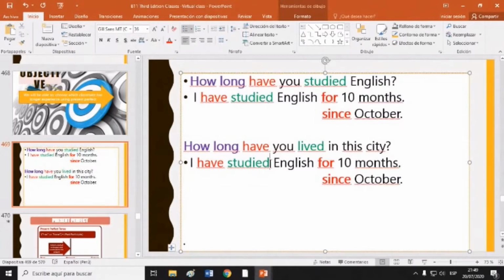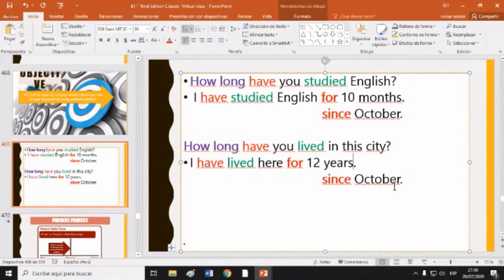So you can say, I have lived here for, I don't know, 12 years.